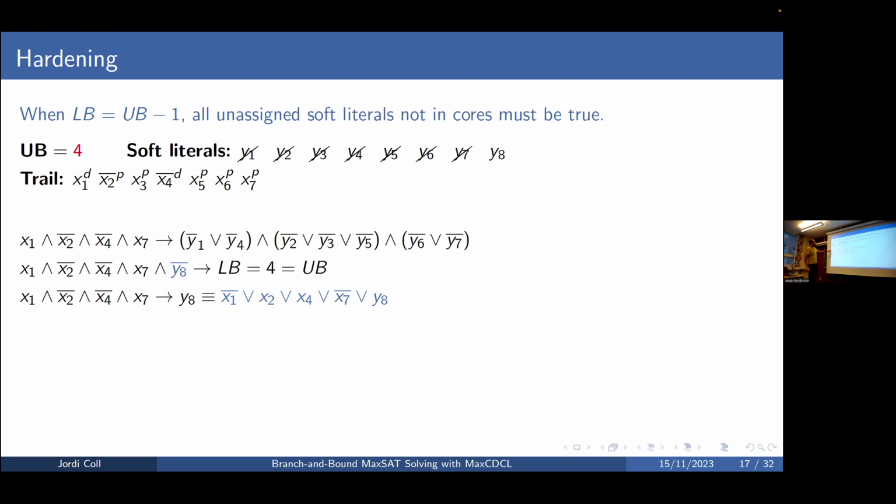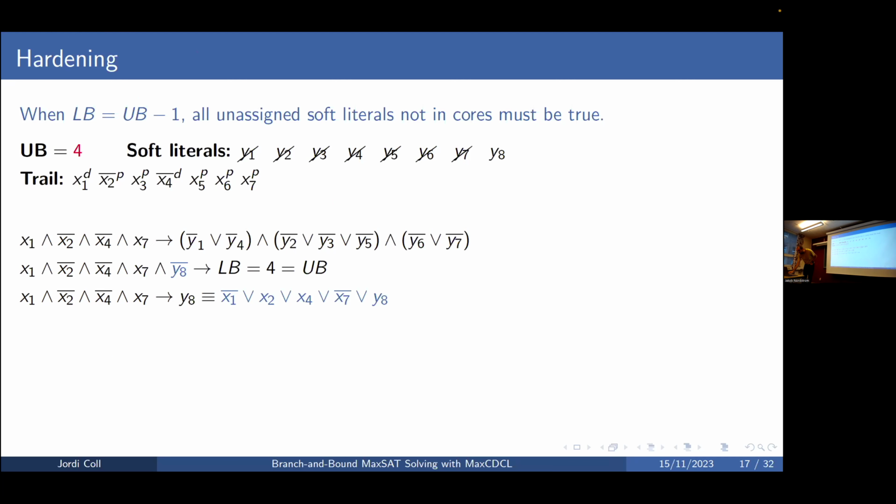Given these reasons, since I have these cores that give me this lower bound, this implies that Y8 must be true. That's the intuition. Actually, if you move it here, here's a clause.